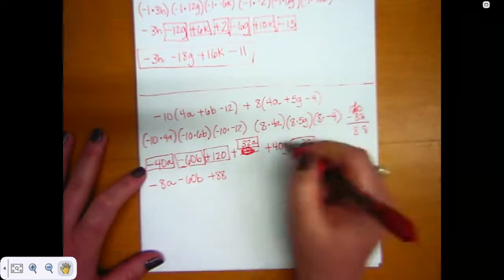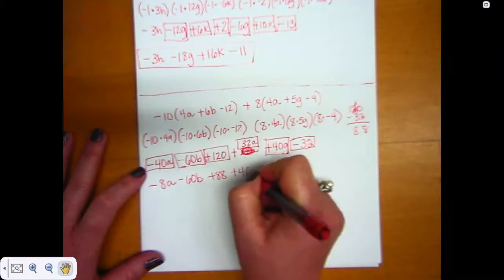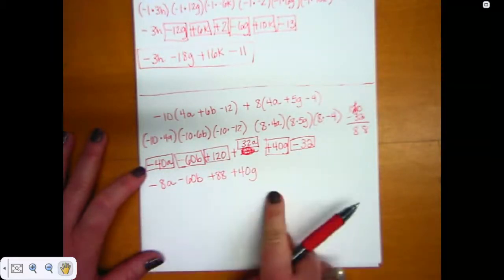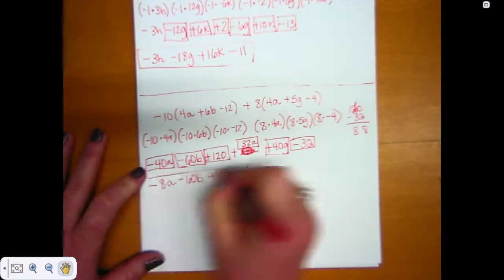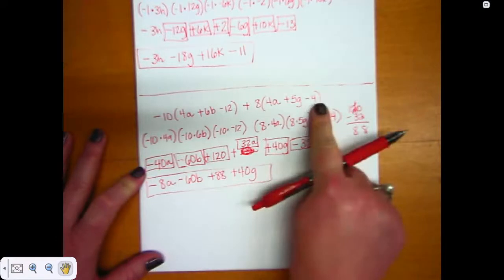And then I have a 40g left, so I'm just going to bring it down, plus 40g. All right, so I don't have any more like terms. So this expression is equivalent to this expression.